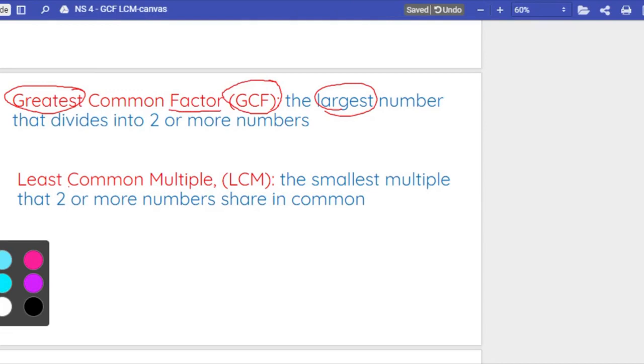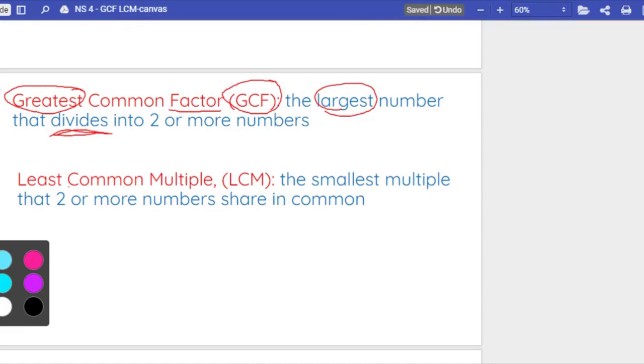So if we think of 6, the factors of 6 are 1 and 6, and 2 and 3. Each of those pairs of numbers can be multiplied together to get that number. Because multiplication and division are opposites, or inverse operations, we're going to be looking for numbers that can divide into two or more numbers.